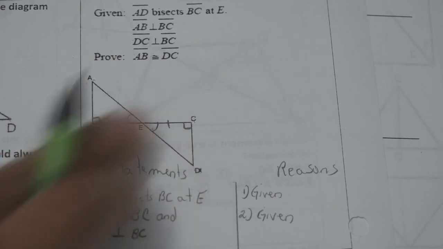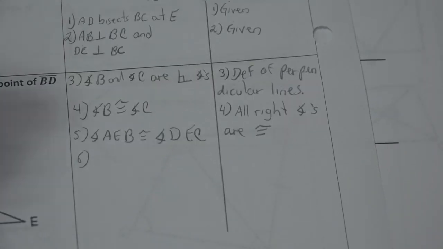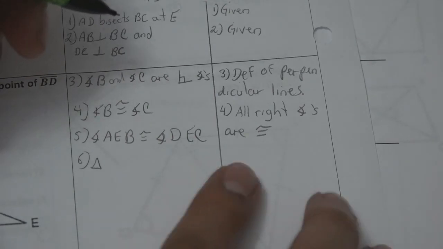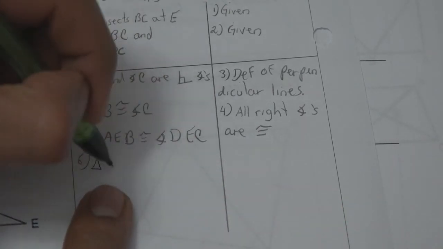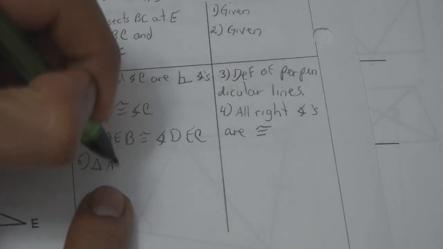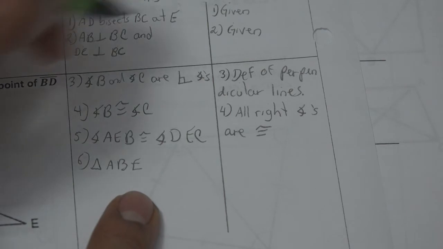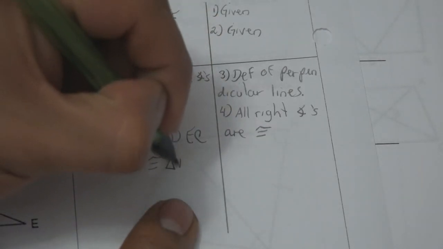But in order to do this, and I see that I have two triangles, I have to make sure that I have enough information. So after you prove them congruent, you're gonna say that triangle ABE is congruent to triangle DCE.